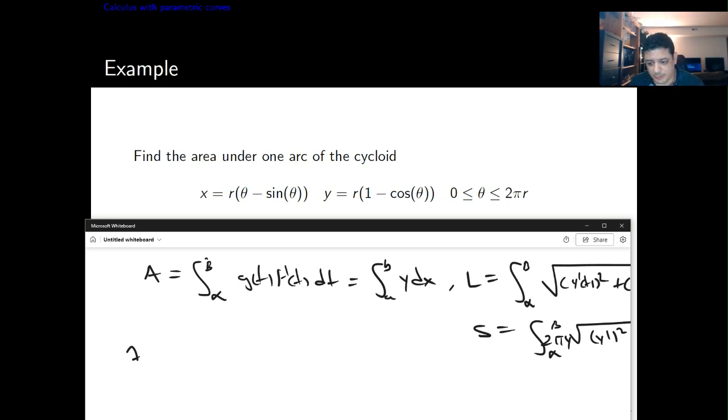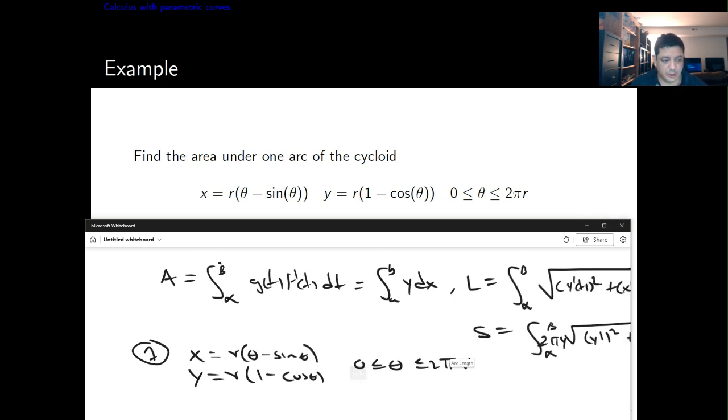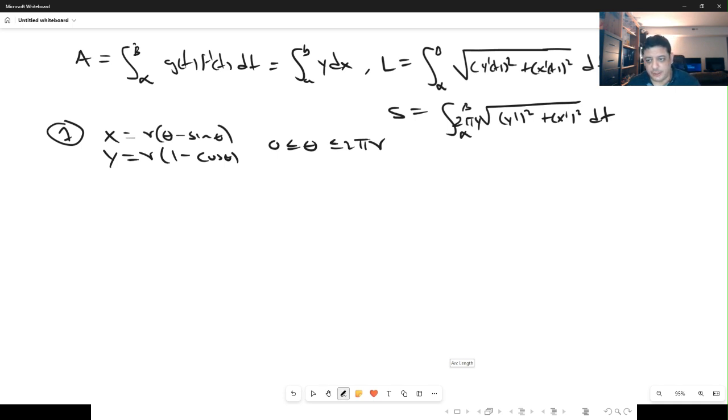Number 1: x equals r(theta minus sine of theta), and y equals r(1 minus cos of theta), and we have that theta is between 0 and 2 pi. Then, if we set up the area, it is going to be the integral from 0 to 2 pi r of y dx.